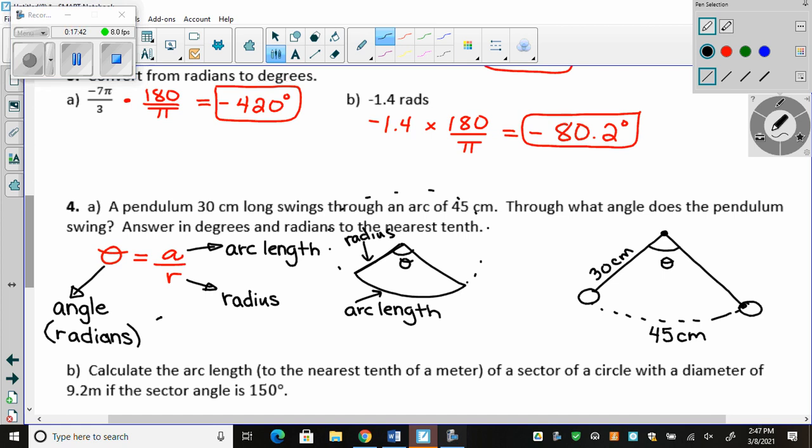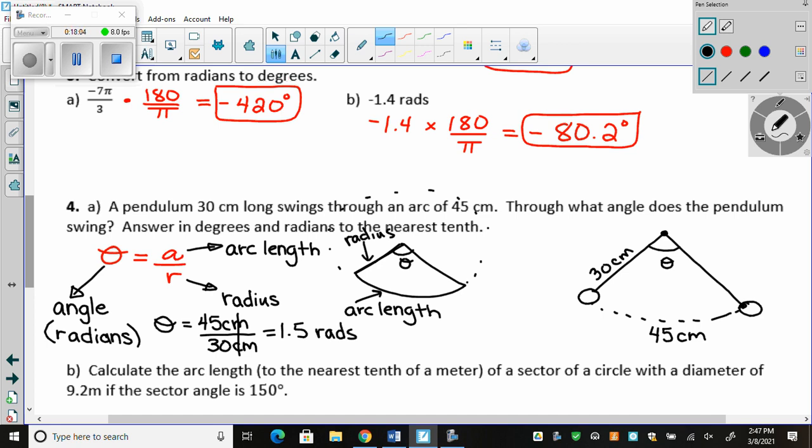So we're going to get theta equals arc, which is 45 centimeters, divided by 30 centimeters. The centimeters cancel, and I get 1.5. Remember, when it doesn't have a unit, it's a radian, right? So if you want to feel better, you can write rads behind it or radians.